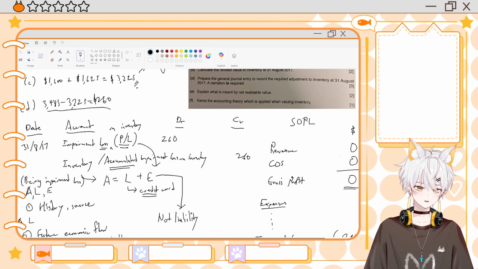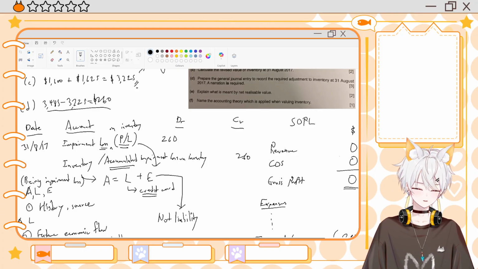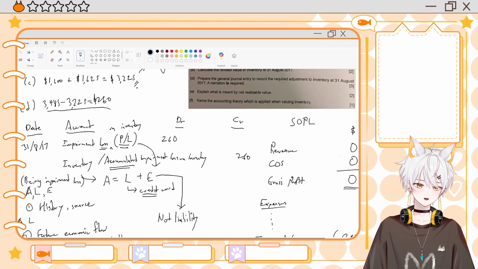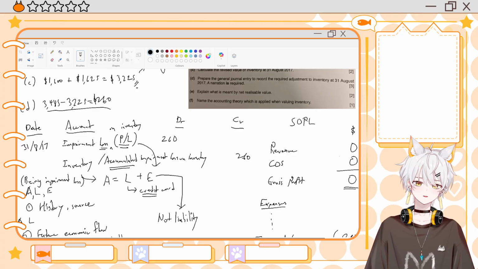Number two, when you reverse it, it's a lot easier as well. And number three, you can tell whether or not an item is fully impaired, meaning the accumulated impairment equals the cost of the good. So these are the three benefits of creating this account.